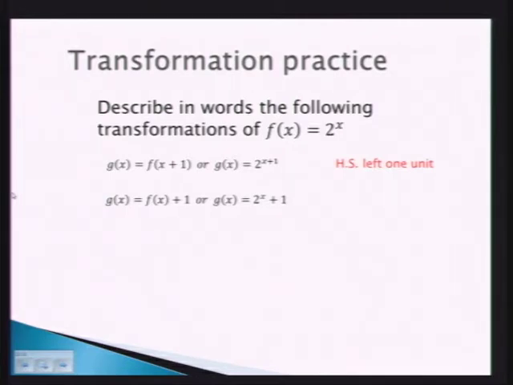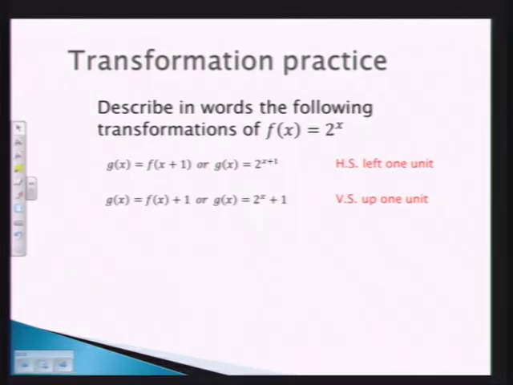Notice the plus 1 is outside of our parentheses, which means g of x equals 2 to the x, there's f of x, and then plus 1. And as you have, I hope, already seen, that is going to be a vertical shift up 1 unit.